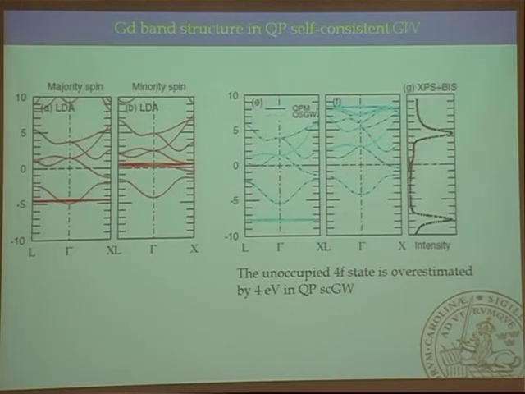So again, it indicates that even when you do self-consistent calculations like this, GW still has problems. This is a very big error. Because of the localized states, things no longer look like an electron gas in the system. So apparently correlations play an important role in this system.